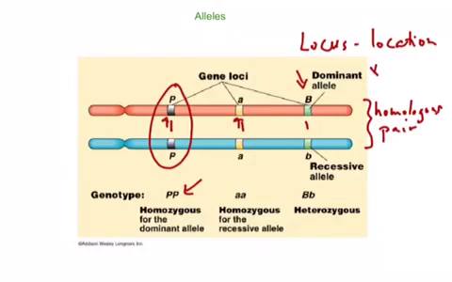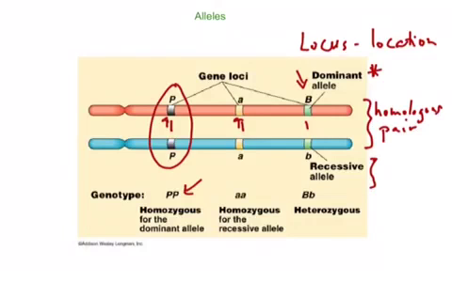So if it's a dominant form of the gene, that means if it's present, it will always produce its protein, it will always be expressed. If it's a recessive version of the allele, then it will only be expressed if there are two copies present. If the dominant allele is present, then the recessive allele will be masked. It will not be expressed as a protein.